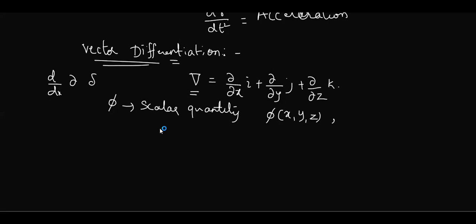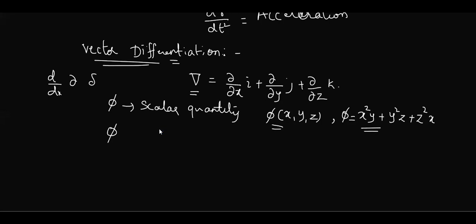For example, it may be x square y plus y square z plus z square x. Tell me, is it a vector or a scalar now? Obviously scalar. There are no i, j, k. So I'll take this scalar quantity phi in general.